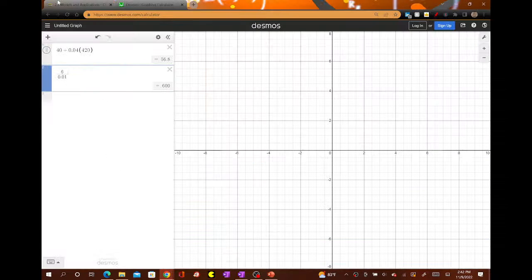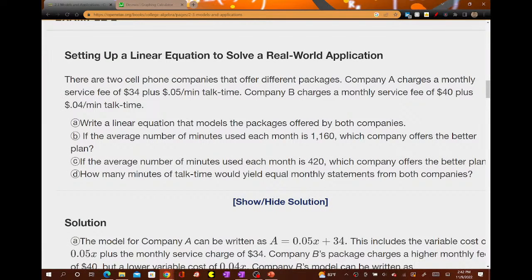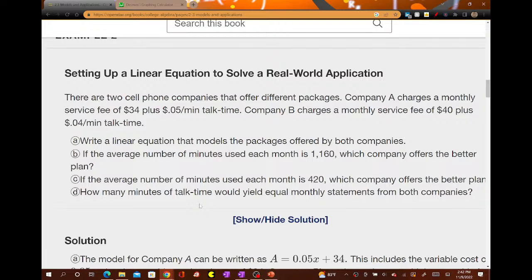Now in terms of the context of the problem, that means that 600 minutes of talk time would yield equal monthly statements.